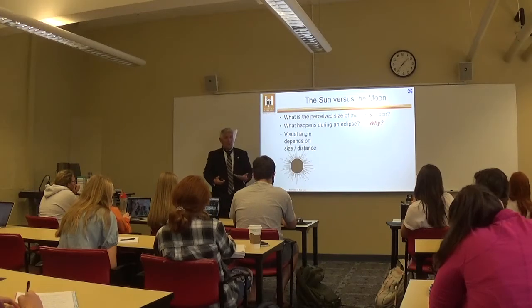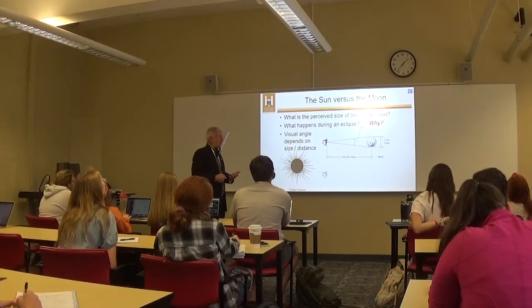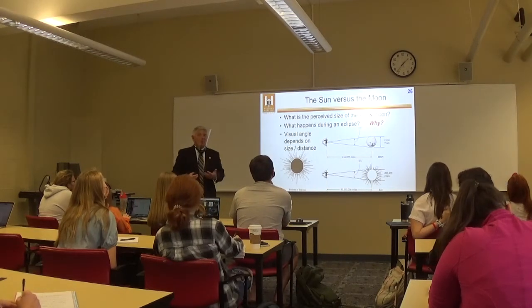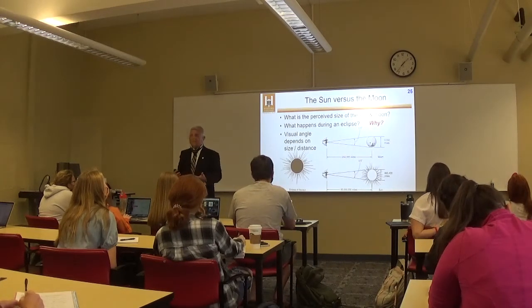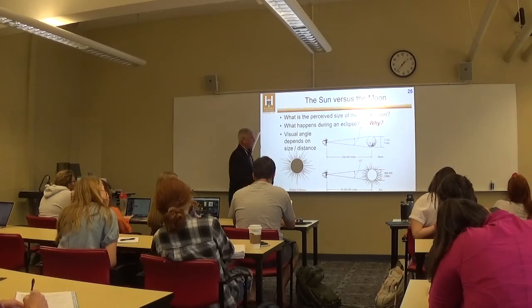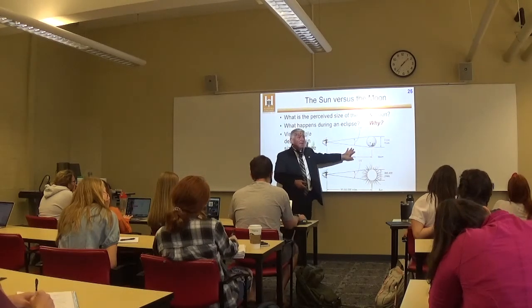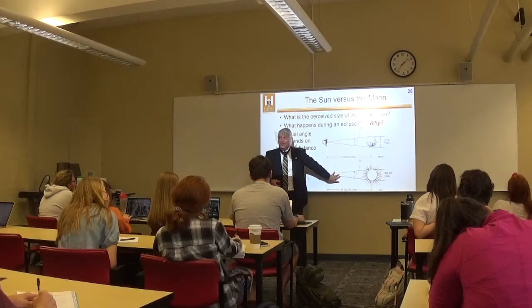The distance. But we don't have a perception of 93 million miles. 93 million miles is a long way away. That's how far away the sun is. The moon's a long way away too, at about 250,000 miles, but it's a lot closer than the sun.